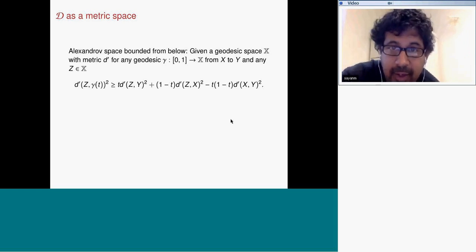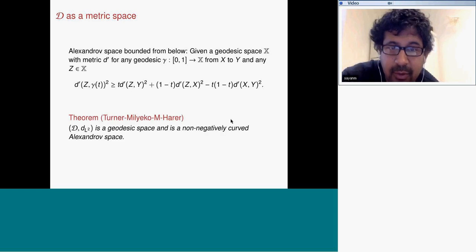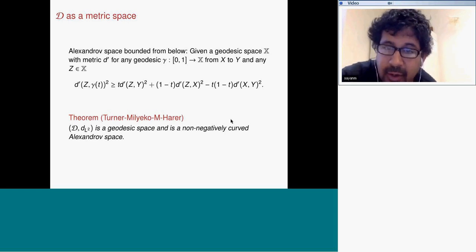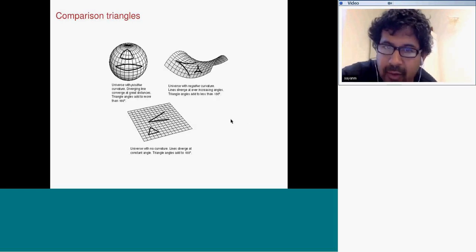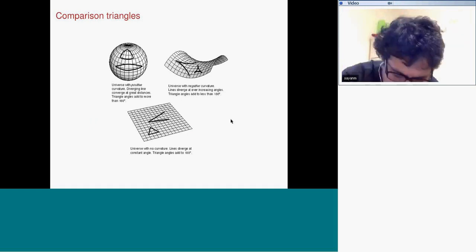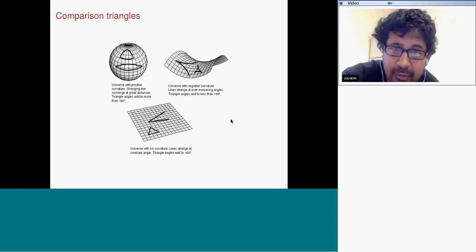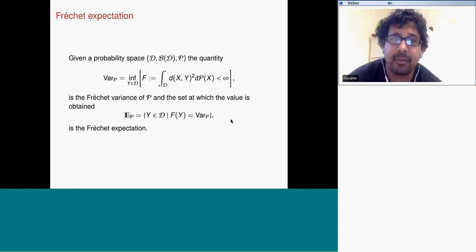Here I'm just defining what the geodesics in this space look like, and you can prove that this is a non-negative curved Alexandrov space. The problem with this is geodesics are not unique. How we often think about metric spaces is in terms of comparison triangles, and these are not unique, so there are problems.